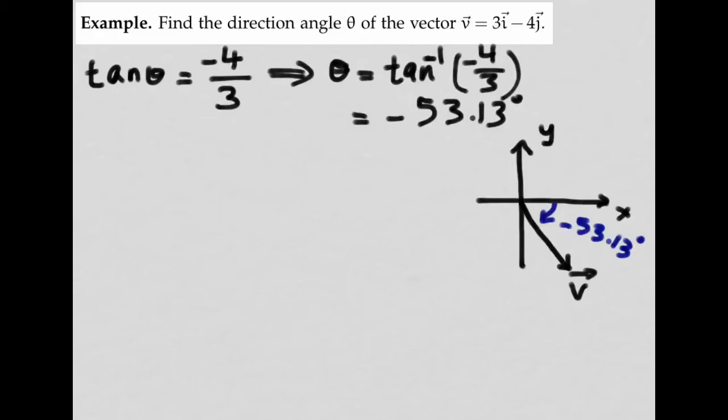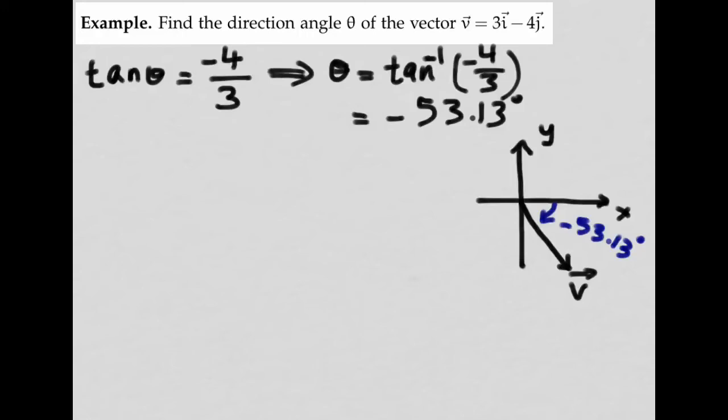But by definition, the direction angle of a vector v is going to be the counterclockwise angle from the positive x-axis to the vector v.